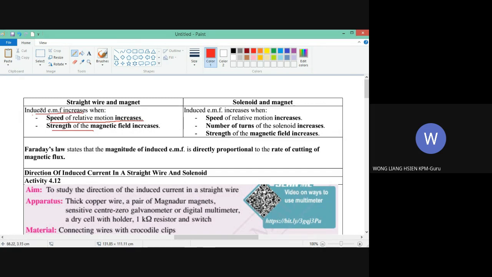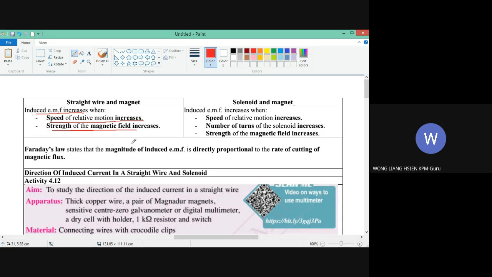Second, if you use a stronger magnet, you can also produce a stronger EMF. These are the two basic factors that can affect the magnitude of the induced current. One is you cut faster. Second is you use a stronger magnet.